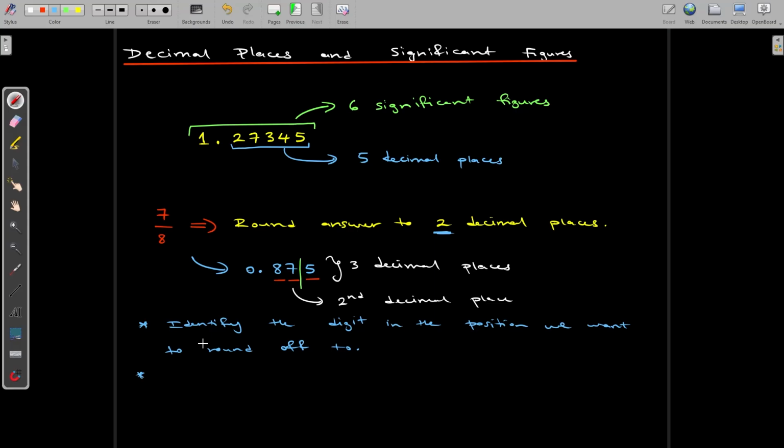Then we look at the digit that comes after. And lastly, this is the rule that we follow: if the digit that comes after is 5 to 9, we round up. If it is 0 to 4, we leave the digit.